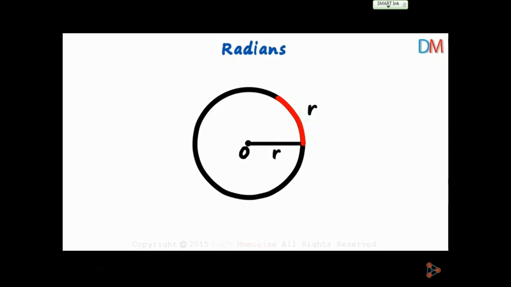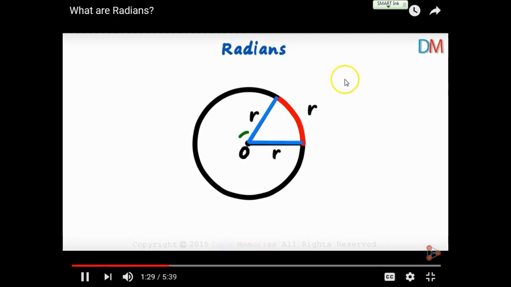The curved length R starts from here and ends here. Now from the center of the circle, we draw another radius that joins the other end point of the red curve. This length will also be R as it's the radius. Let's analyze the figure. We have an arc of length equal to the radius of the circle and two radii joining the center and the endpoints of that arc.